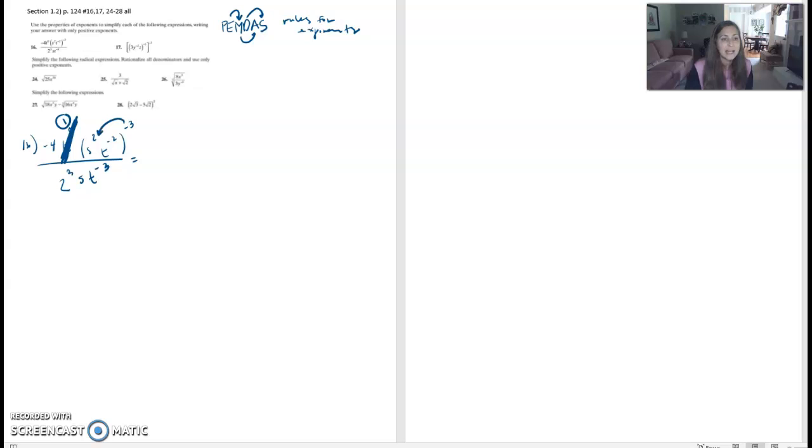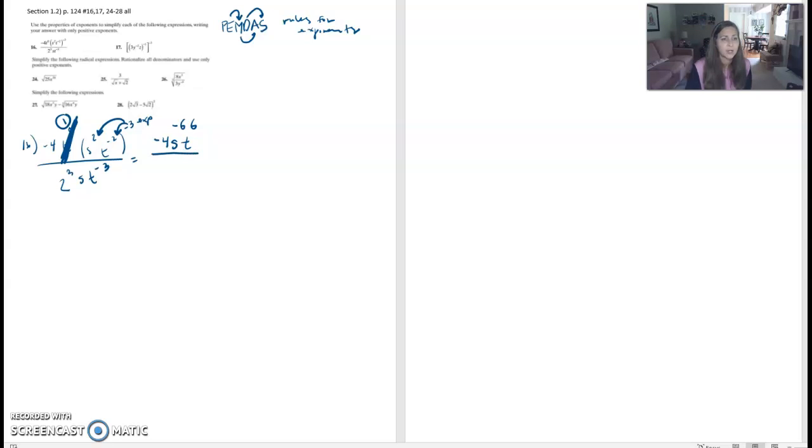Now, this is an exponent. See, right here, exponents mean you multiply. So we're going to multiply by negative 3. So negative 4 times 1 is negative 4. 2 times negative 3 gives me s to the negative 6. And negative 2 times negative 3 gives me t to the positive 6.